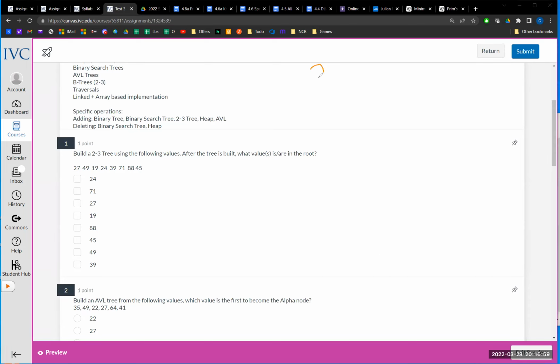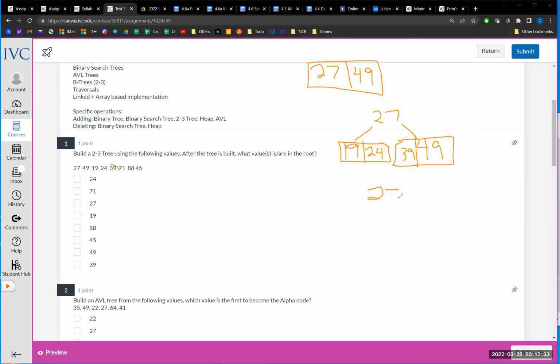All right, so we start with 27, add in 49. 19 comes along. And we can look at a binary search tree at this point. 24 gets added. And we've got 39, drops over there. 71 causes us to split that node. 49 moves up.